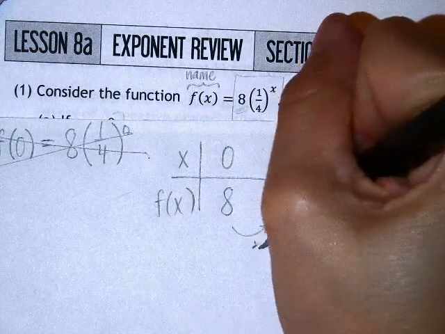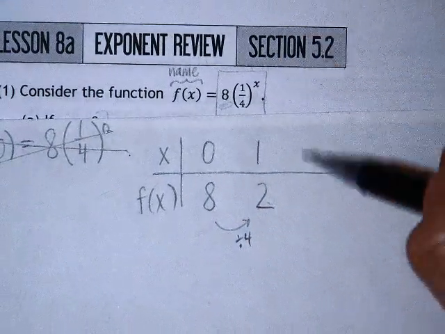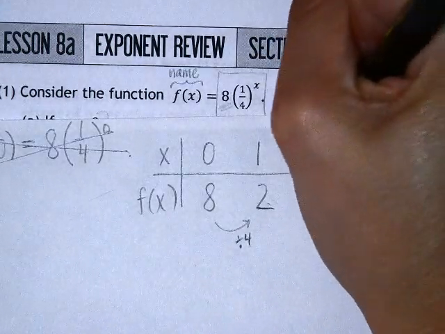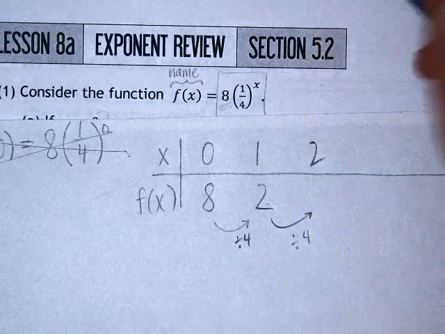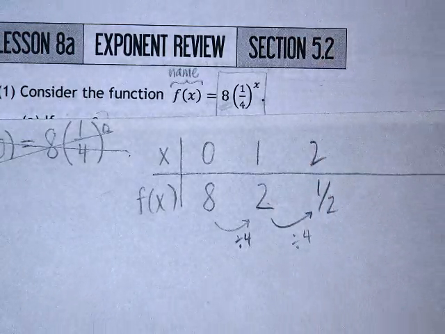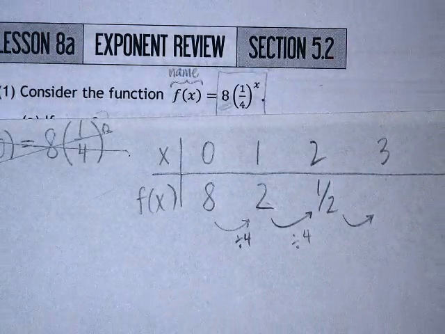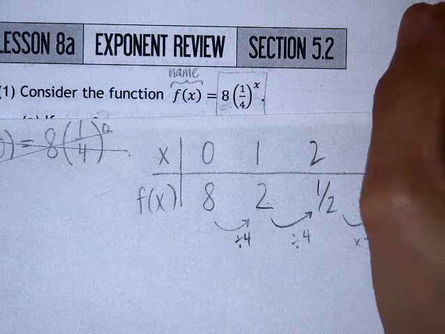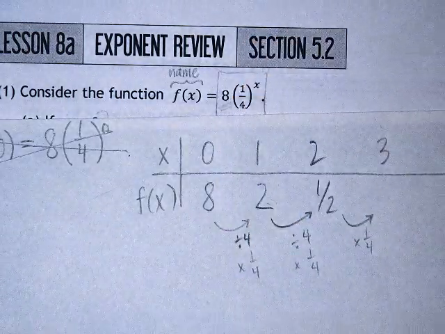You can think of it as dividing by 4 or multiplying by 1/4, whatever suits you, and that gives us the next term. If we divide by 4 again, 2 divided by 4 is 2/4, or 1/2. Now that we're in fractions, it might be more helpful to think of this as multiplying by 1/4, because all of these are technically multiplying by 1/4 anyway.